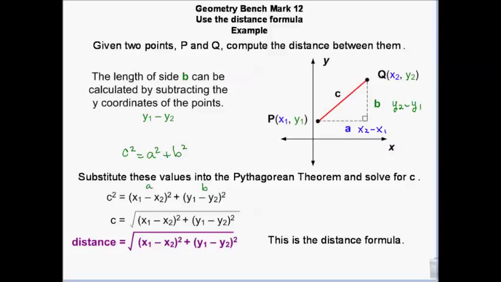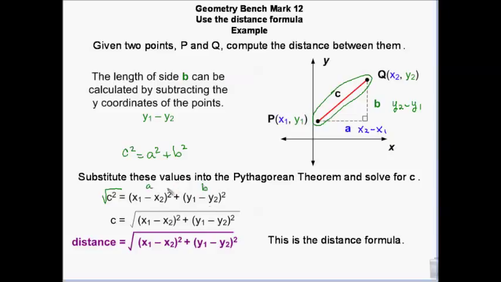So far okay? And then if you take the square root of this and the square root of this, you get c is equal to the square root of x2 minus x1 squared plus y2 minus y1 squared. And that is your distance formula. That tells you this distance right here. So far okay?